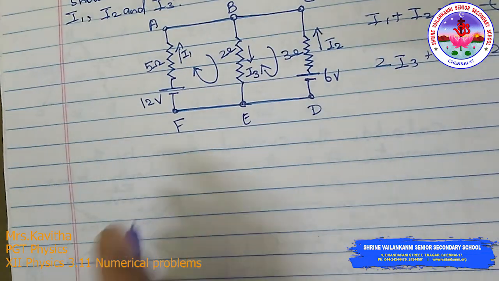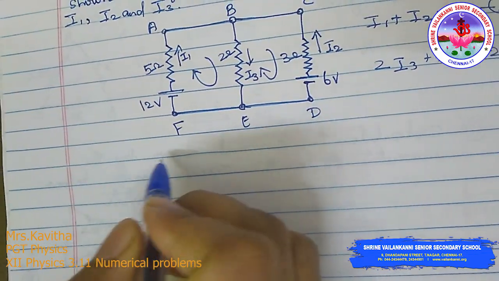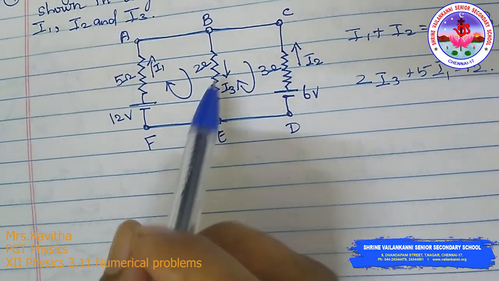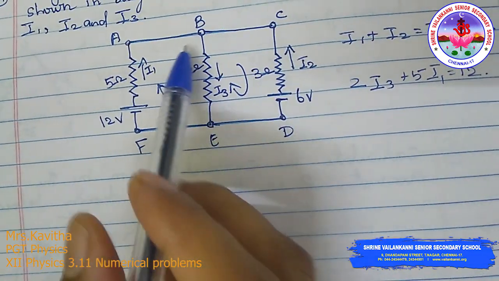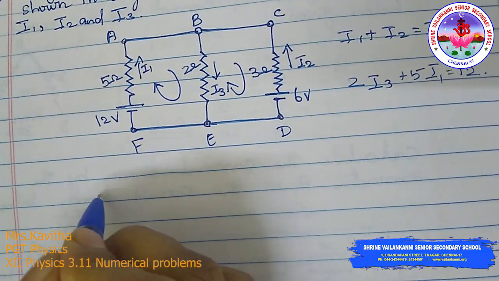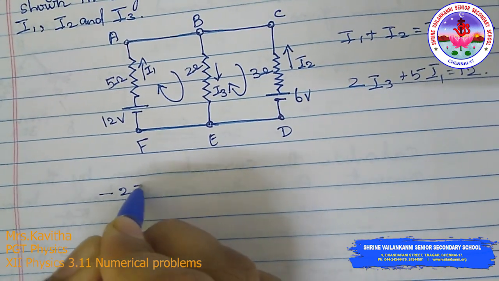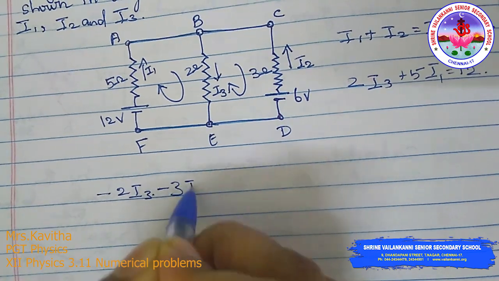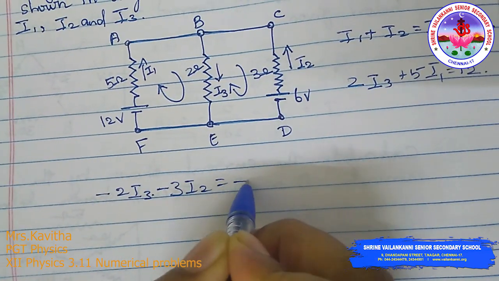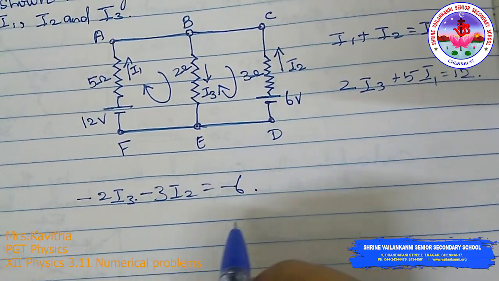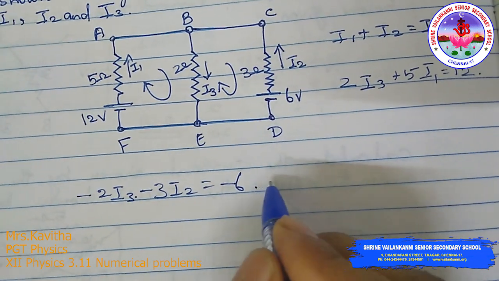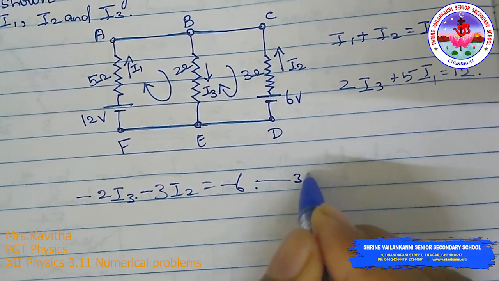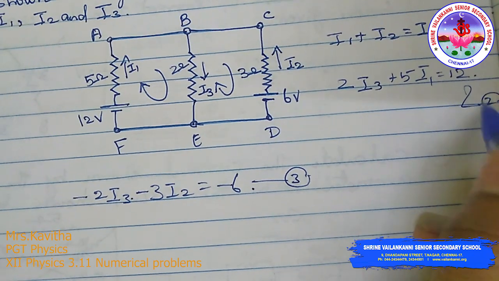Now for the second, BCDEB, we get minus 2I3 minus 3I2 equal to minus 6. So these are the three equations you have to take; this is the third equation.